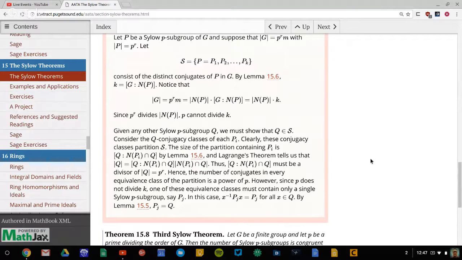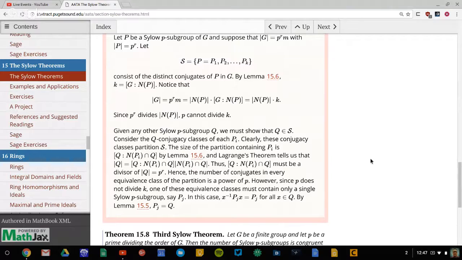But we've already proved at an intermediate stage that the number of these conjugates is not divisible by P. So one of those conjugacy classes must be trivial, must contain only one element, which is a power of P, P to the power 0.